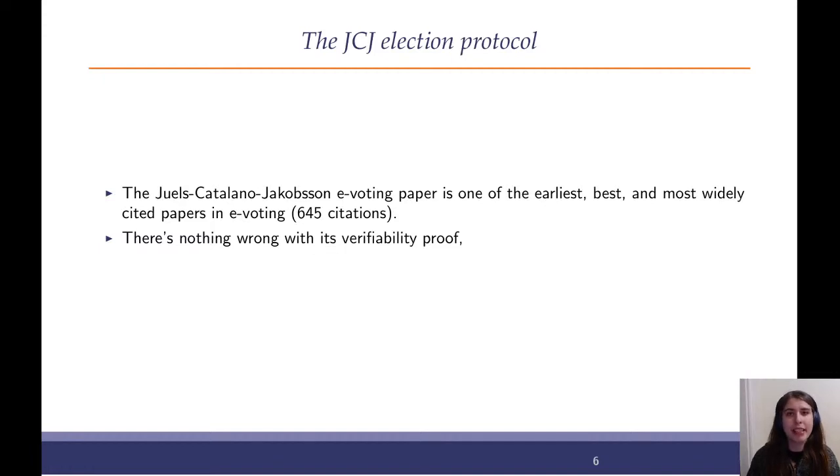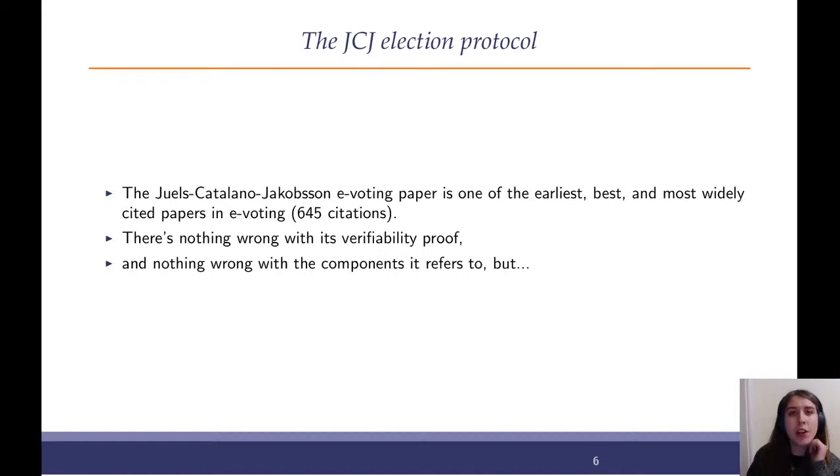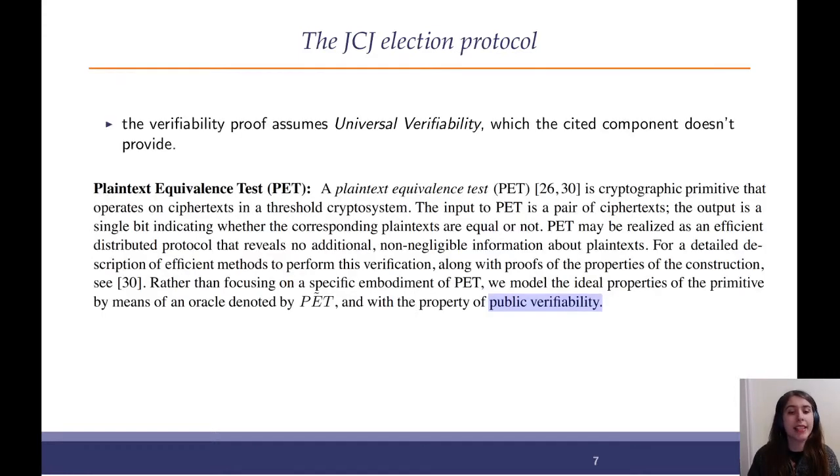However, it makes a small assumption that without the careful eye of reviewing the requirements, can lead to a catastrophic failure. The components it refers to are completely correct. However, in order to prove verifiability, it requires that the component has universal verifiability. And the paper that it cites is this Jakobsson-Juels paper that does not satisfy this requirement.